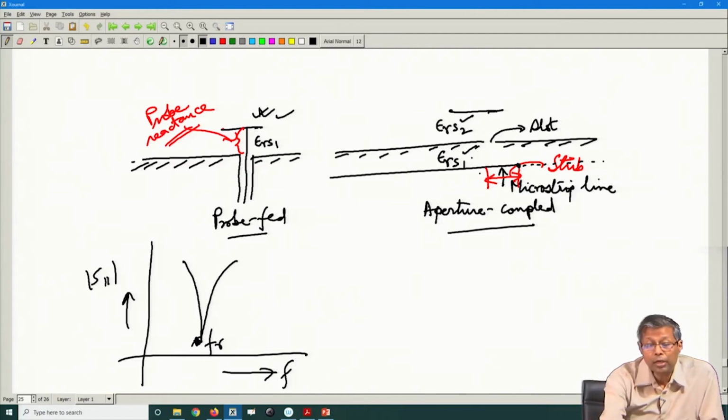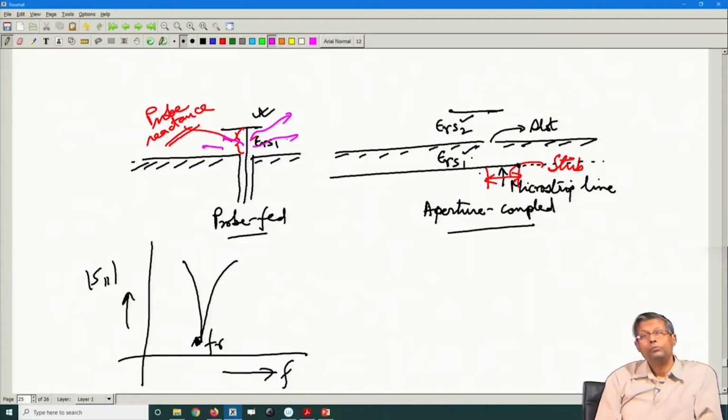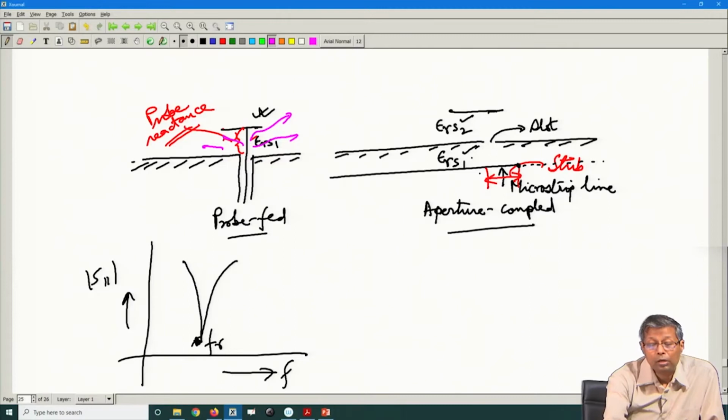In addition, you see that while this probe radiates, the thicker the substrate, the larger the length of the probe, the stronger the effect of the probe reactance, and the more the probe radiation.